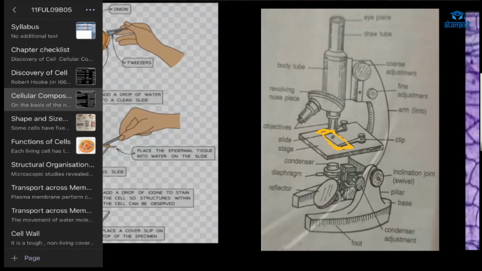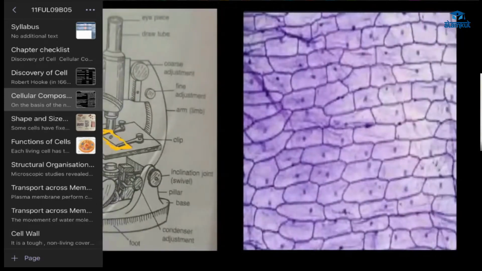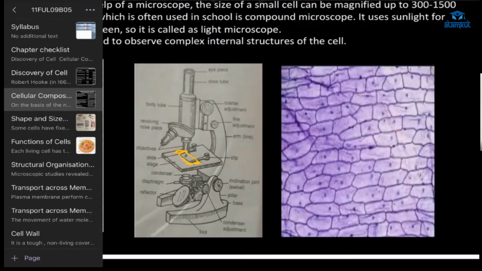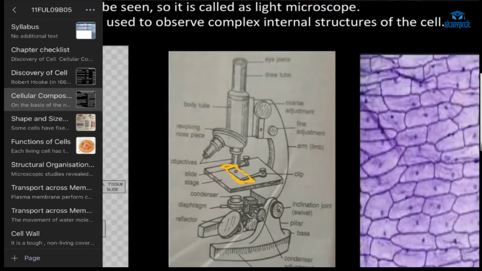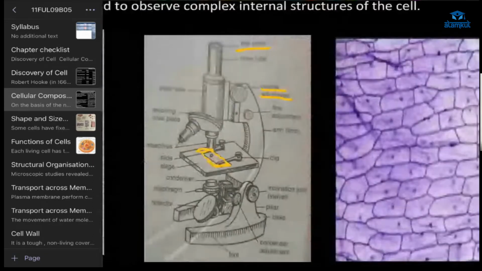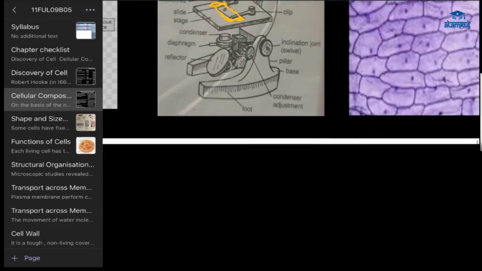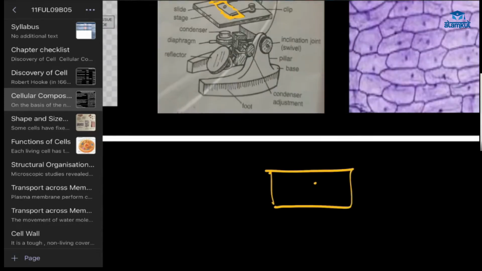Understood? What do we see here? We see the cell. Ma'am, I've done this experiment before. It looks like that. Yeah, great. Then this is the eyepiece. Here only we keep our eyes. Then here we have the coarse adjustment. That is when we have to focus, right? Suppose this is the specimen.